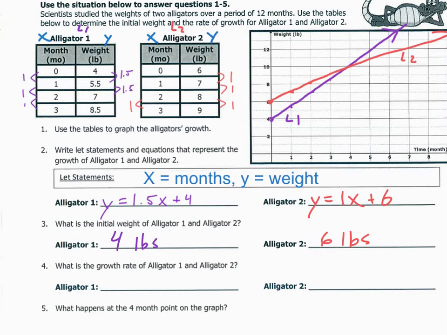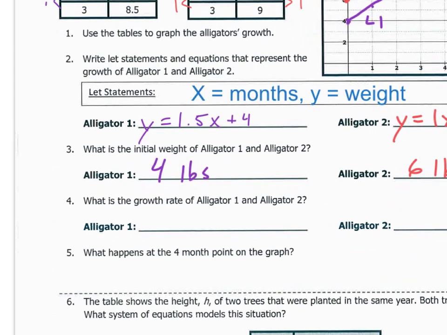And then for growth rate, we know rate is just another word for slope, and we've already found our slope for each one. We have a slope of 1.5 and a slope of 1. So for alligator 1, our growth rate, or our slope, is going to be 1.5, and then now we need to label it. So if we know that a slope is y over x, we just label it as my y value over my x value.